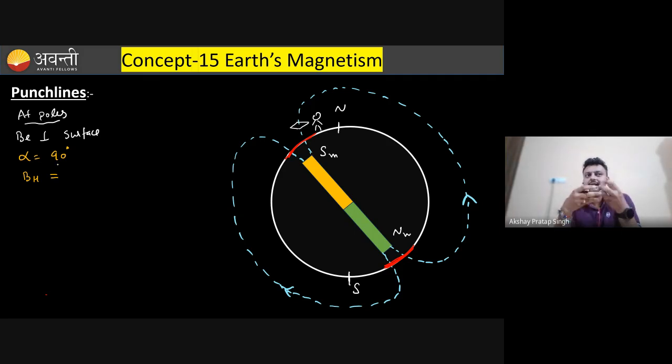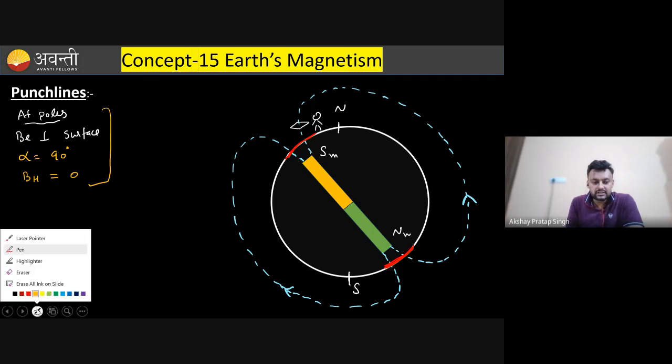All the magnetic field of the earth is vertical. If a vector is in y direction, it has no component in x direction. That means horizontal component will be zero. I hope these 2 points are clear. So these are the punchlines for the position of poles.